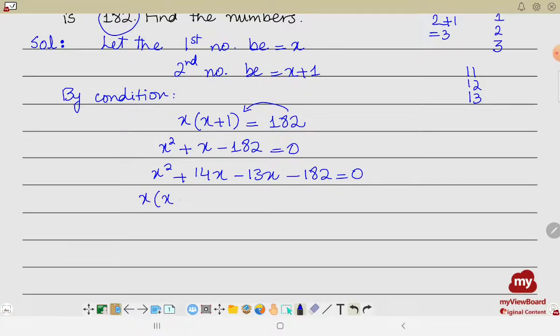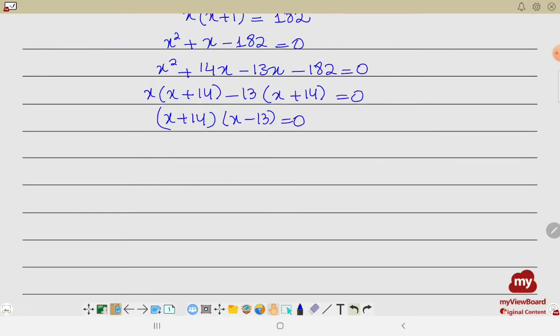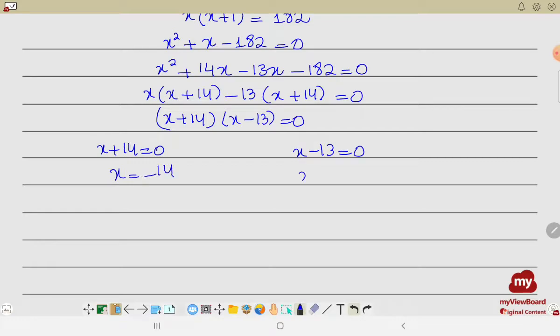So we'll take x common, and here we also take minus 13 as common. So x plus 14 and x minus 13 is equal to 0. We got two factors, and we'll equate these two factors to 0, and then we'll get the answer of x, that is 13 and minus 14.